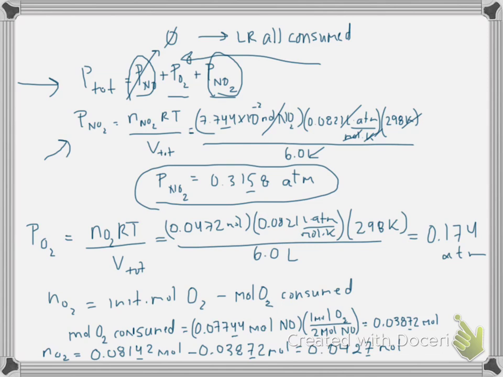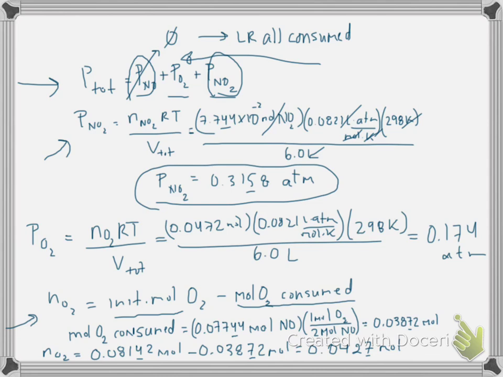To do this, we have to consider the amount of O2 that remains at the end of the reaction. To do this, we have to take the difference between the initial moles of O2 and the moles of O2 consumed. So the number of moles of O2 consumed will simply be, we're going to relate the limiting reagent to O2.